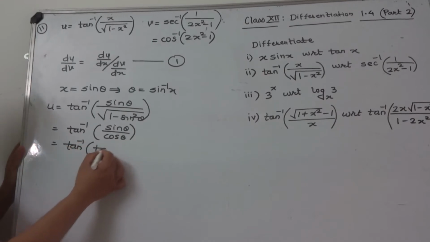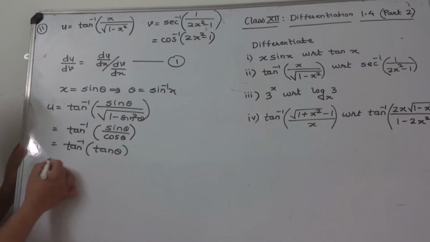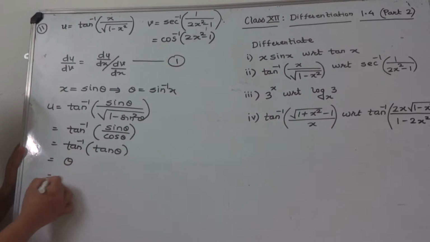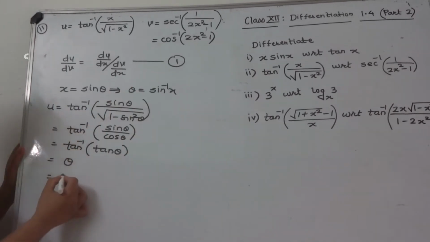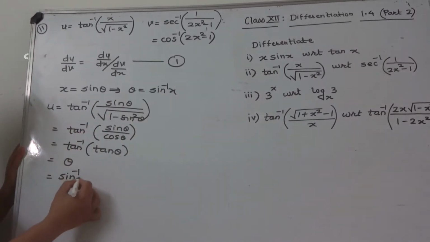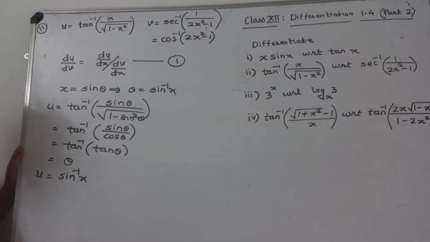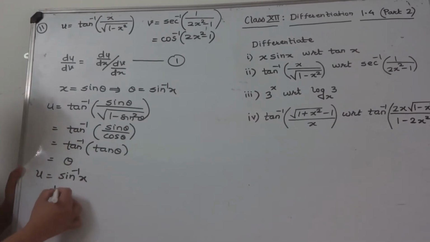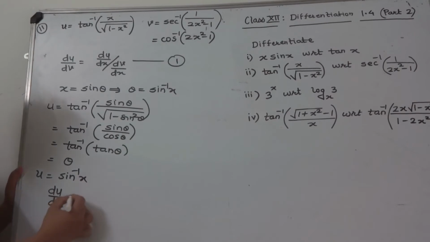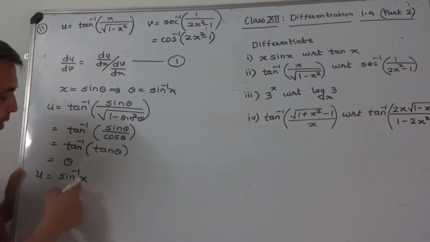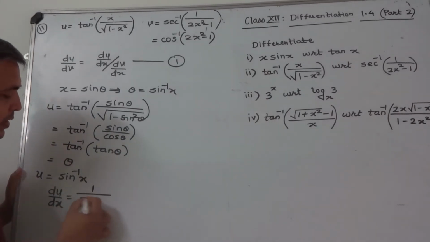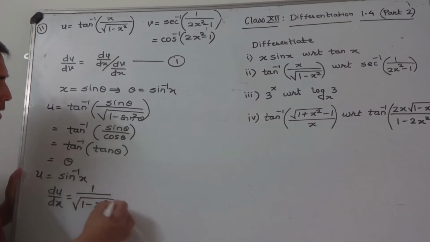So tan inverse of tan theta, tan inverse gets cancelled and we get theta. And from here we can write theta equal to sin inverse x. So what we get is u equal to sin inverse x. So what is du by dx? Du by dx will be the derivative of sin inverse x, that is 1 upon under root 1 minus x square.